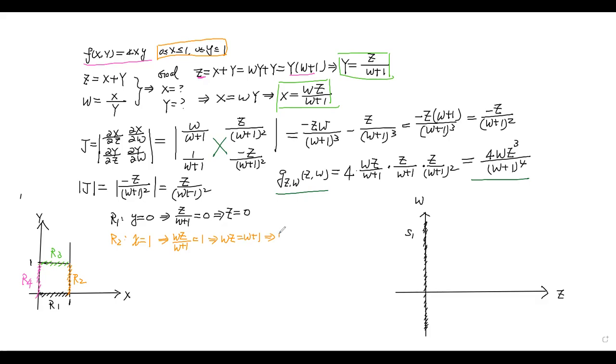I move the w over, so w times (z-1) equal to 1. So this gives me w equal to 1 over (z-1). So this is a rational function between w and z, with z shifted to the right by 1. And because it's shifted to the right-hand side by 1, it's a rational function.